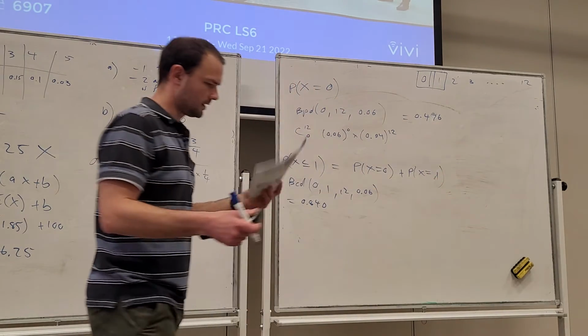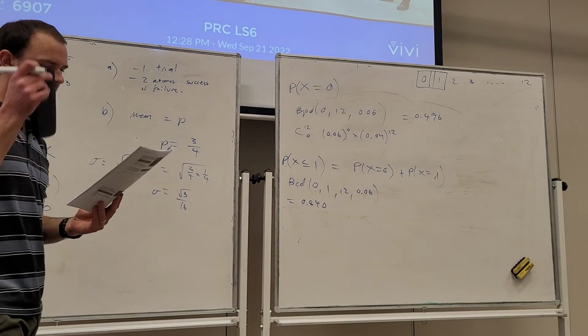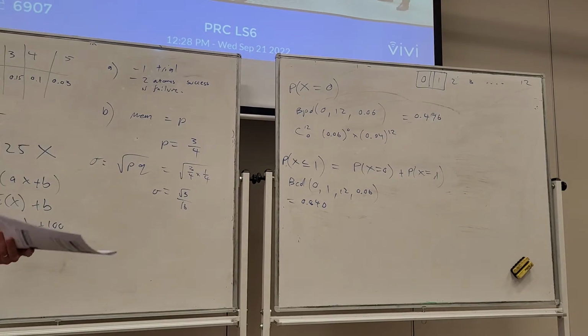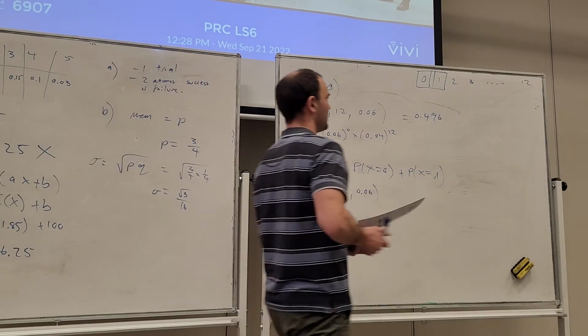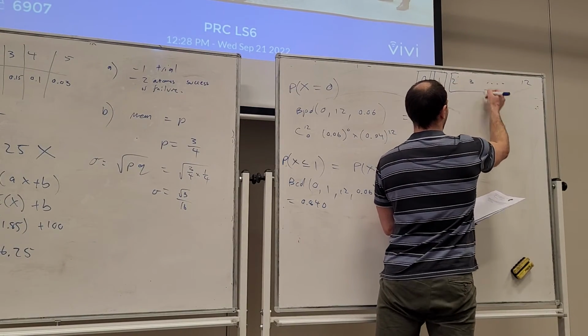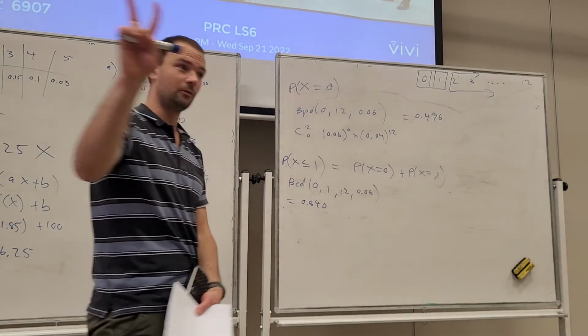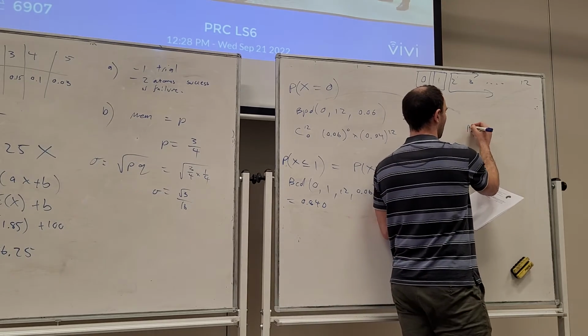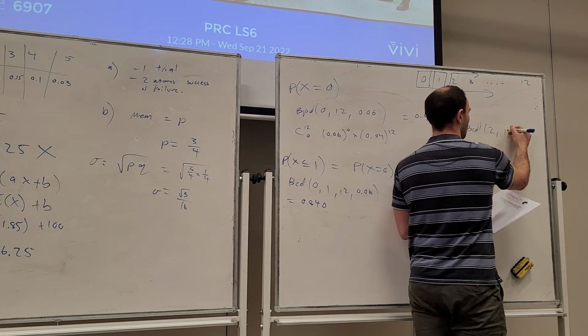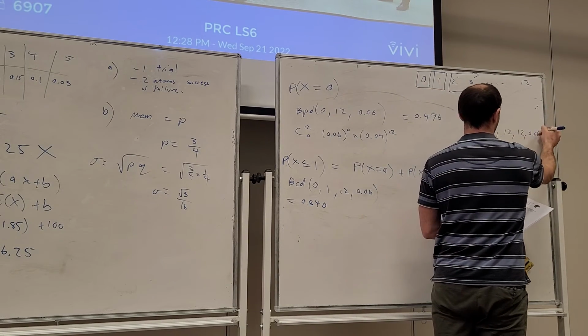Okay? Next one. At least 2 will be faulty. If we've got at least 2, it means 2 or more. Now we're talking about this event. Okay. Again, 2 ways we can perform this. We can go, all right, BCD between 2 and 12 out of 12, 0.06.